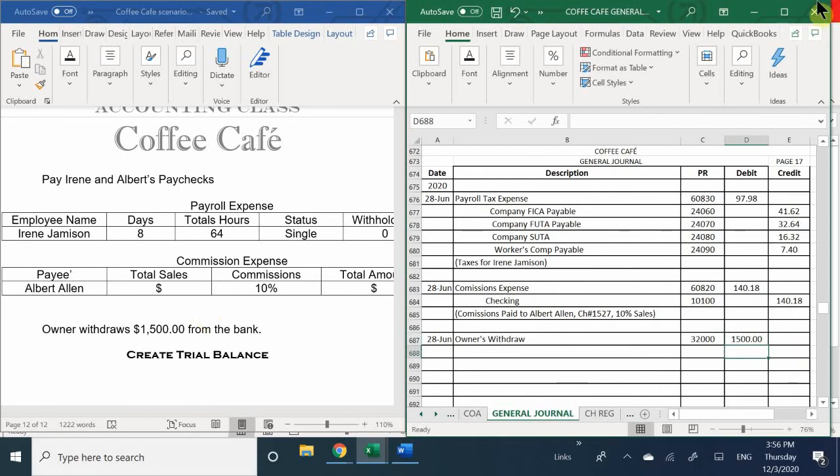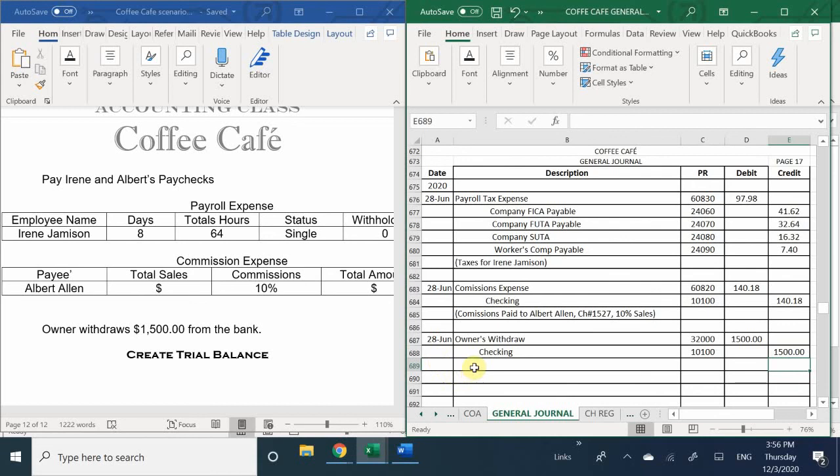And I will assume that we're going to write him a check. He's pulling the money out of the bank. The safest and proper way to do it is to write a physical check, and then he deposits it in his personal bank. So checking, and that's going to be 1,500.